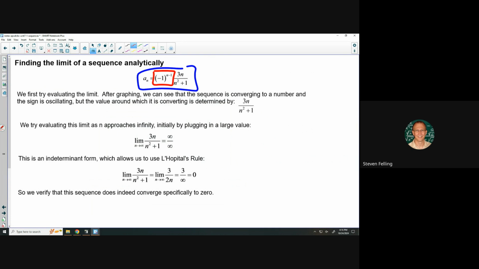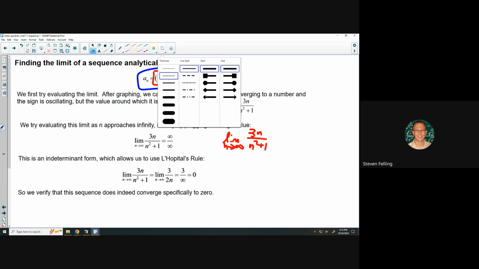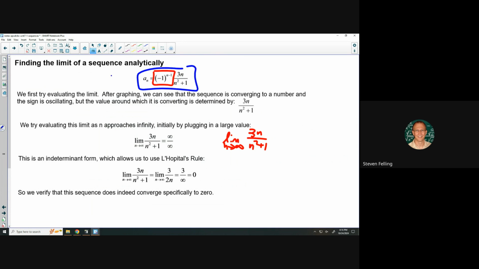I'm just going to take the limit as n approaches infinity of the rule, disregarding the sign, 3 over n squared plus 1. Now, if you're being really formal, you could go through the formal College Board process, which would be to take the limit as n approaches infinity of the numerator and show that that's infinity, take the limit as n approaches infinity of the denominator and show that that's infinity, and say because we have an indeterminate form, we can use L'Hopital's rule.